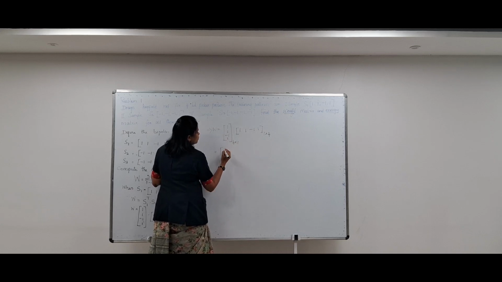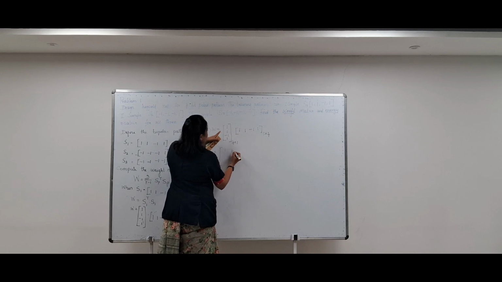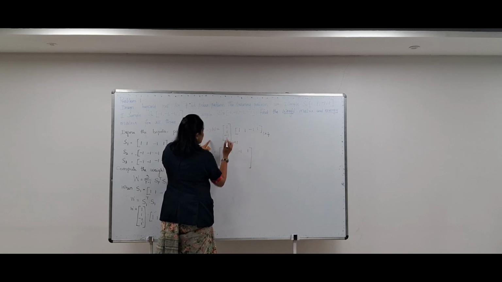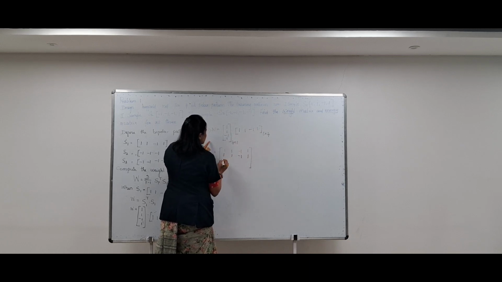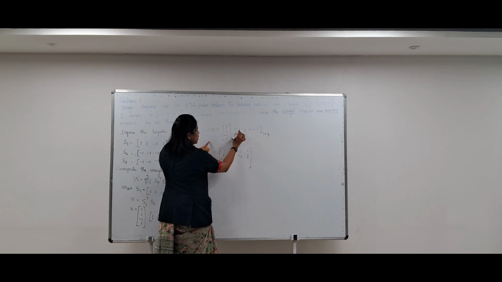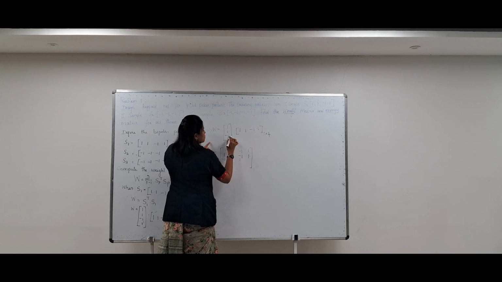So 1 into 1 is 1, 1 into 1 is 1, 1 into minus 1 is minus 1, 1 into 1 is 1. Again 1 into 1, 1, 1 into 1, 1, 1 into minus 1 and 1 into 1, 1. Then minus 1 into 1 is minus 1, minus 1 into 1 is minus 1, minus 1 into minus 1 is 1, minus 1 into 1 is minus 1.